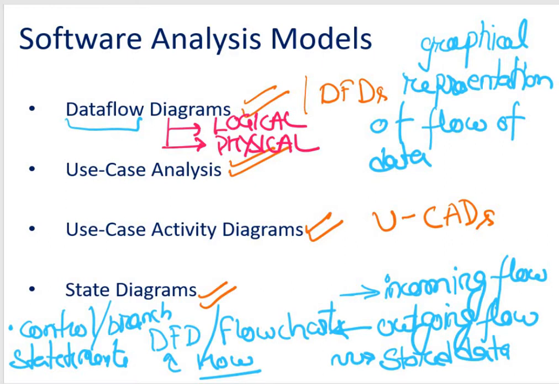Like for example, in your banking software system, how the data is moving between different entities will be part of logical DFD. In case of physical DFD, it will be showing the data flow in its actual implemented way in the system. So it's more specific and closer to the implementation part.